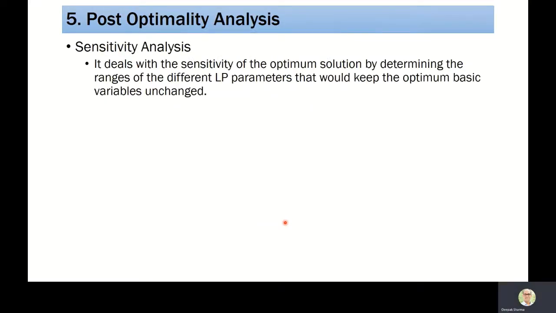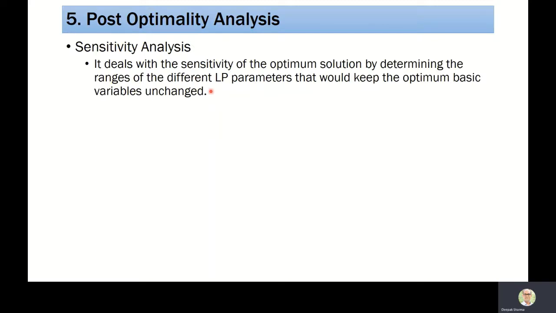With this understanding of the economic interpretation of the dual variable and dual constraint, let us move ahead to the post-optimality analysis. We performed sensitivity analysis earlier, which deals with the sensitivity of the optimum solution by determining the ranges of different LP parameters that would keep the optimum basic variables unchanged.